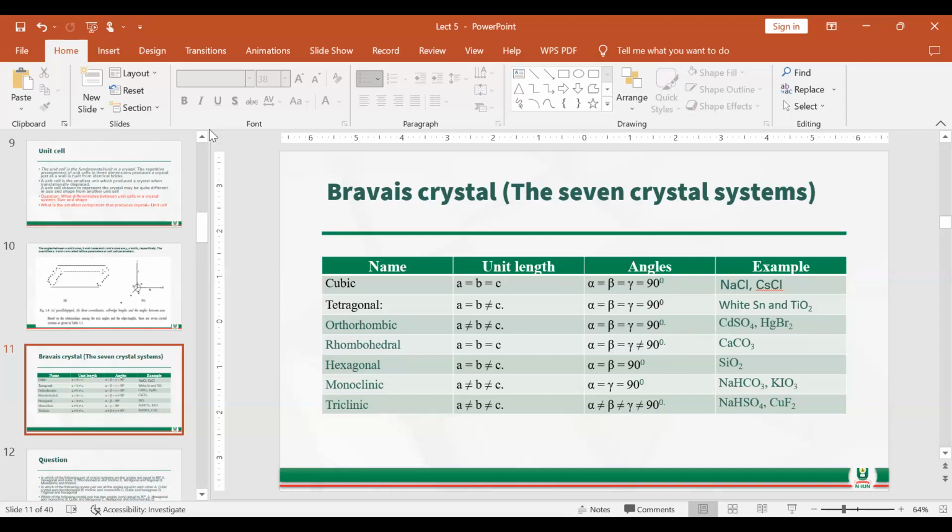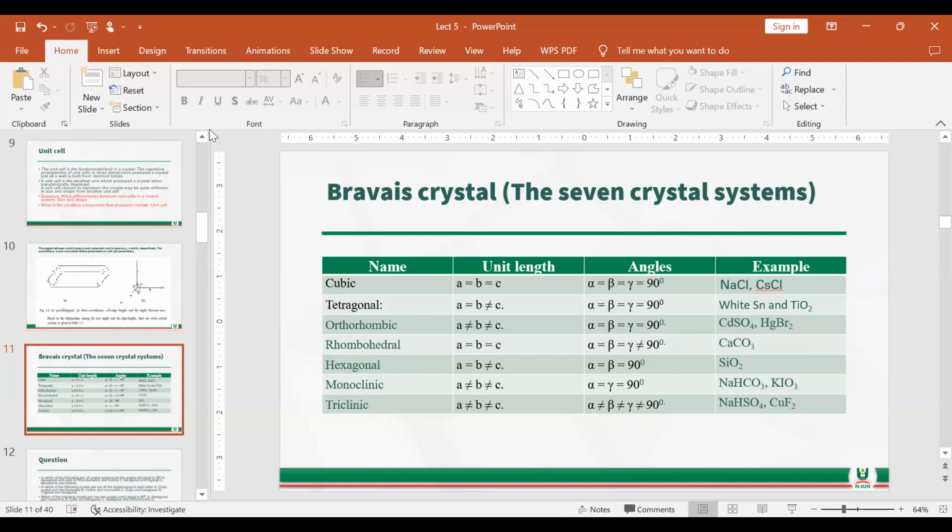So you look at the rhombohedral, all the sides are equal, and the three angles are also equal, but not equal to 90 degrees. So you should be able to see the differences in the seven classifications of crystal, starting from the cubic crystal, next to tetragonal, next to orthorhombic, next to rhombohedral, followed by hexagonal, and then followed by monoclinic and triclinic crystal.